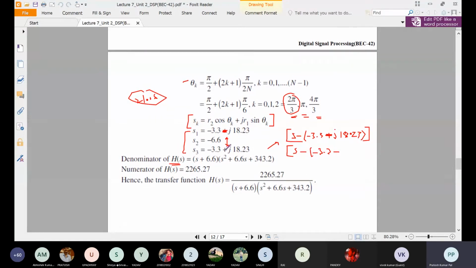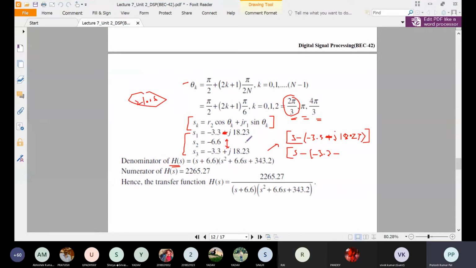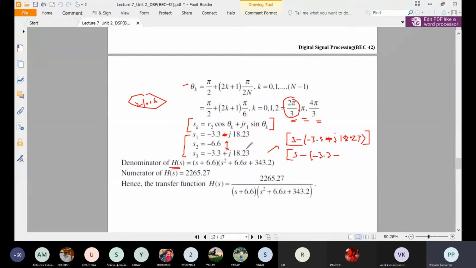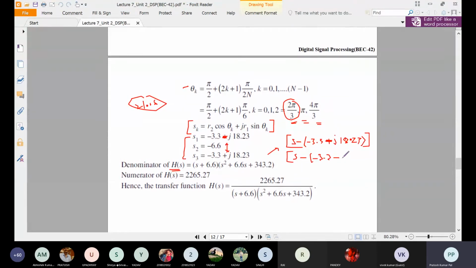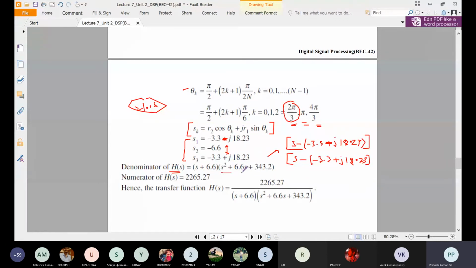So in this case it will be plus. These two will be of conjugate nature. Complex poles always exist in conjugate pairs. So 3.3 it will be plus j18.23. After multiplication of these two, we will be getting this function.